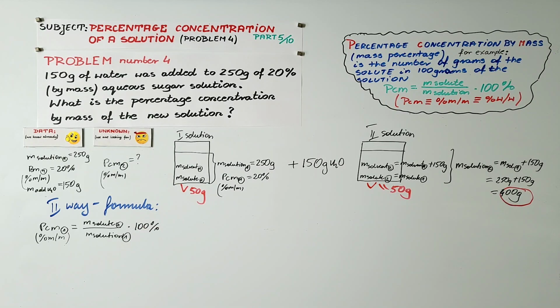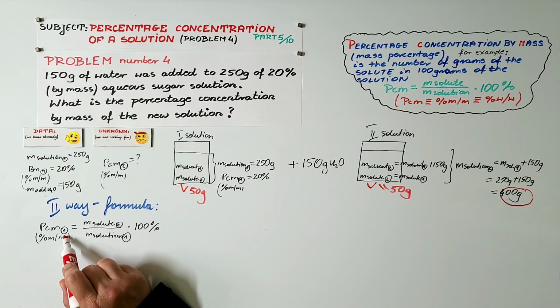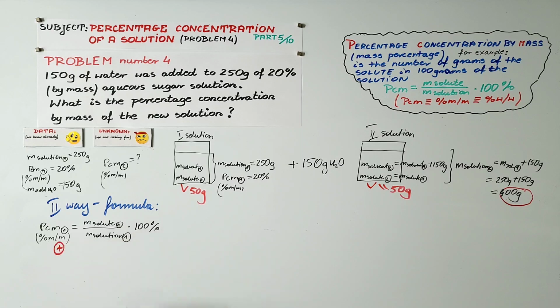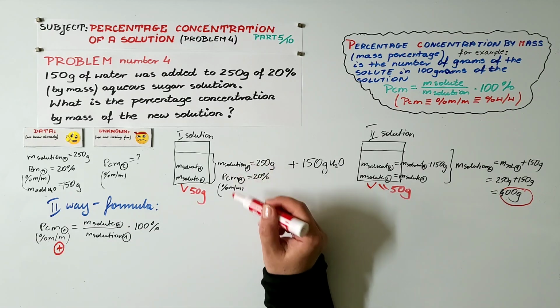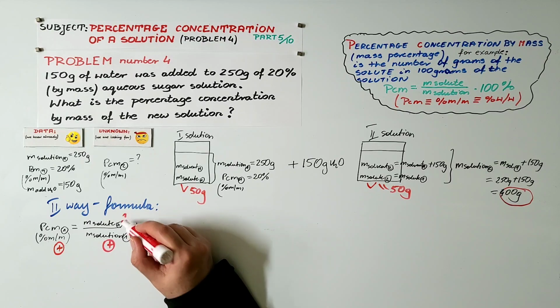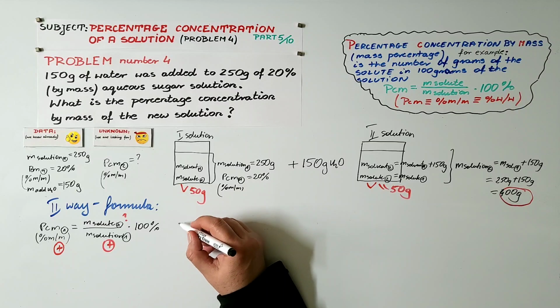So we know already percentage concentration by mass in solution number 1 is 20%. We know mass of solution. What we need to calculate is mass of solute in solution number 1. So we need to transform this formula.